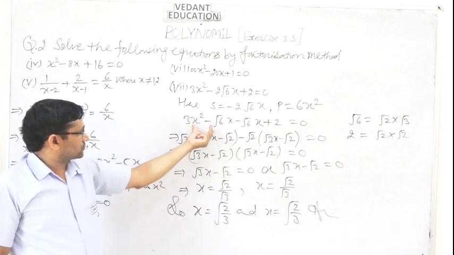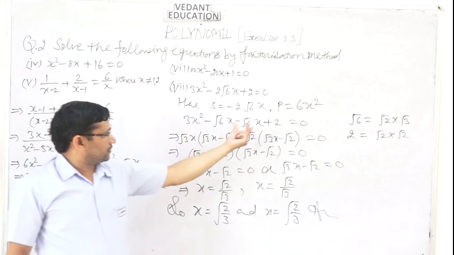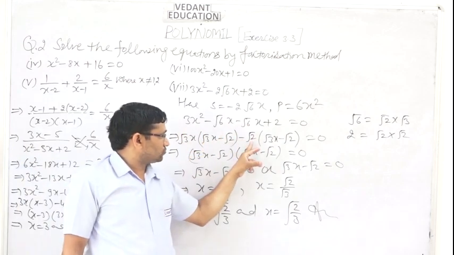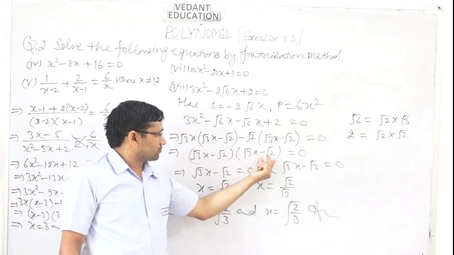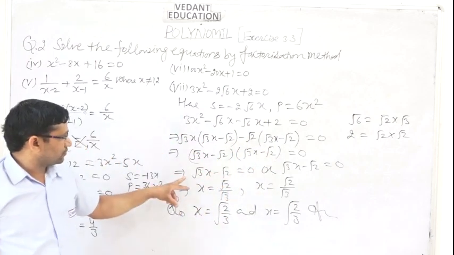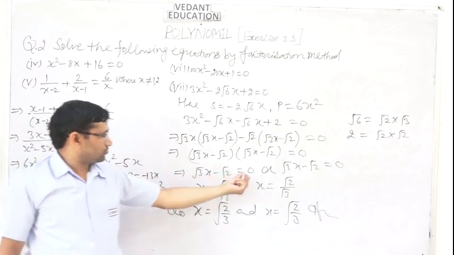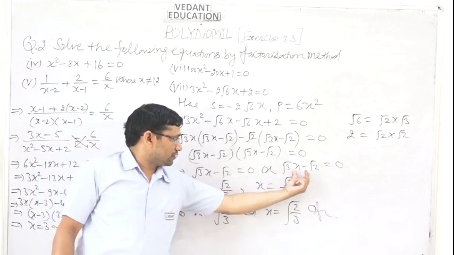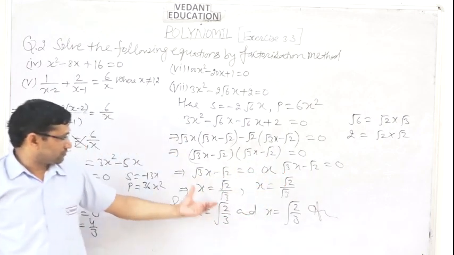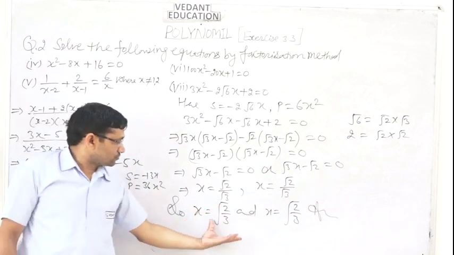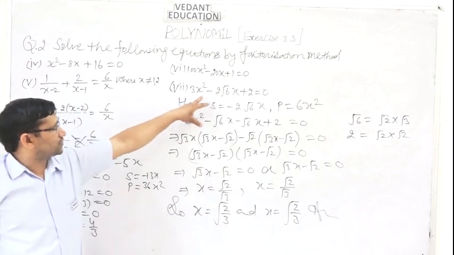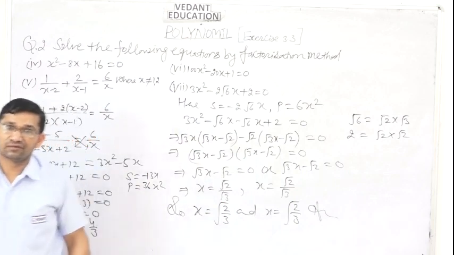Then first two terms common is root 3x and next two terms common is minus root 2. Again root 3x minus root 2 is common, root 3x minus root 2 remains. Then root 3x minus root 2 is equal to 0 and similarly root 3x minus root 2 equal to 0. It means here both solutions are same. So this is the solution of this quadratic equation. Clear?